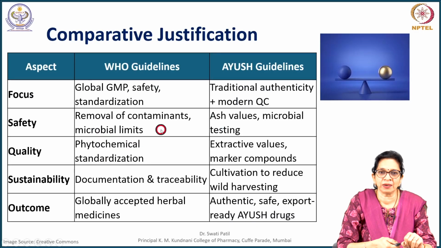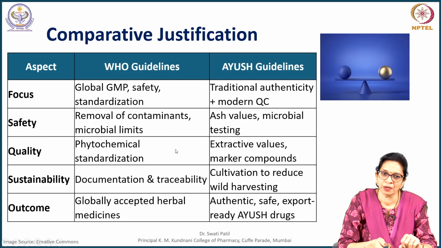So, this is a comparative justification of WHO and Ayush guidelines, where the focus is on global GMP or traditional authenticity. In WHO guidelines, we do use modern methods of analysis, and here we stress on some traditional methods of analysis, but both of them signify or stress upon the removal of contaminants and maintain the microbial limits.